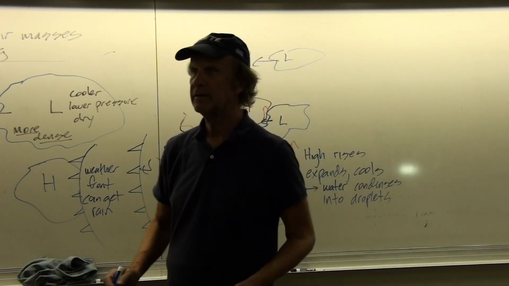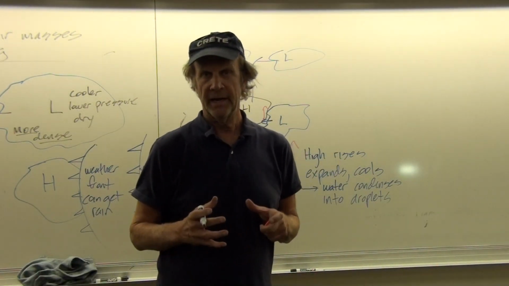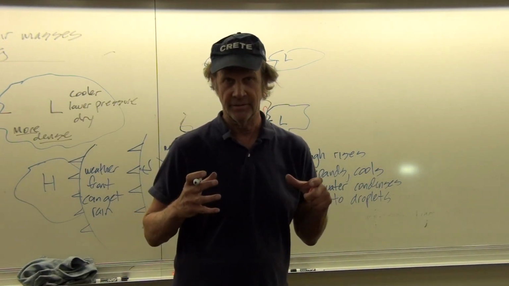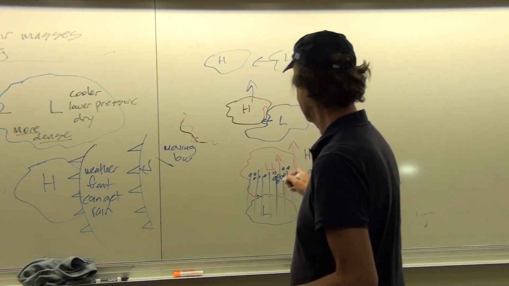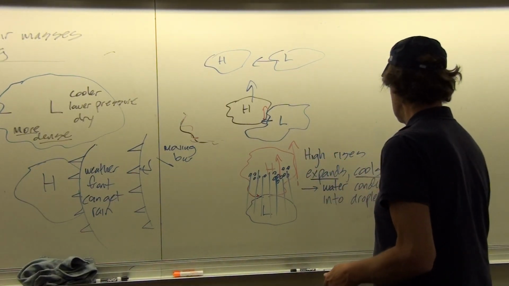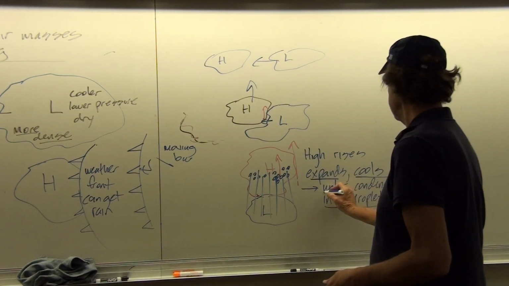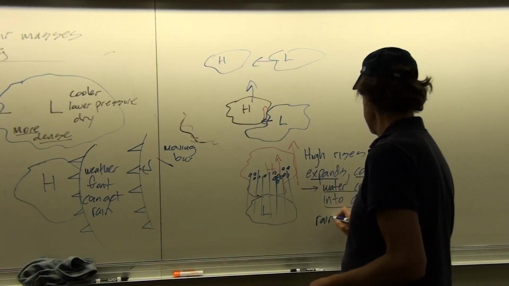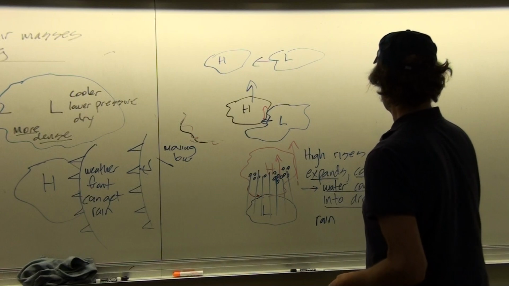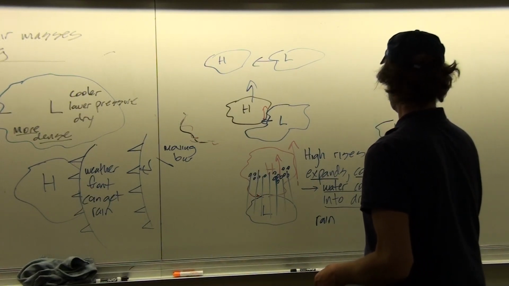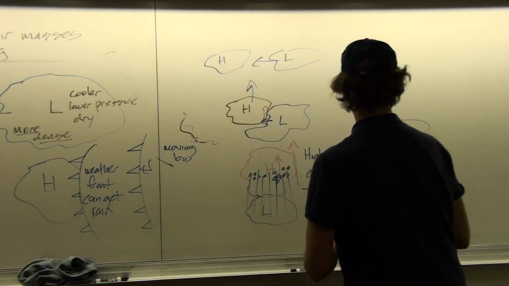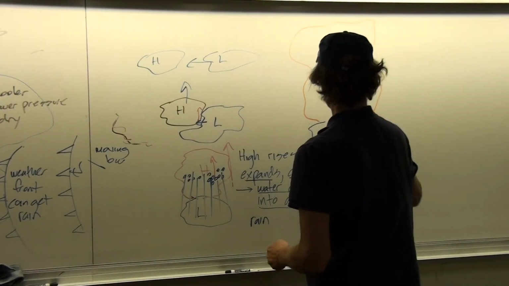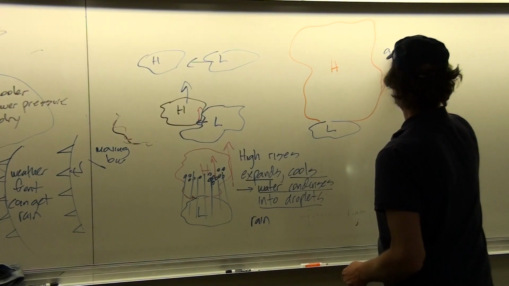They can't be supported by the cooling energy of the high pressure air mass. The pressure's dropping fast. As it rises, it expands, cools, water condenses into droplets, and we get rain. So essentially then this kind of thing, where the low pressure is below and the high pressure is expanding and is above like this, is the genesis for a thunderstorm.